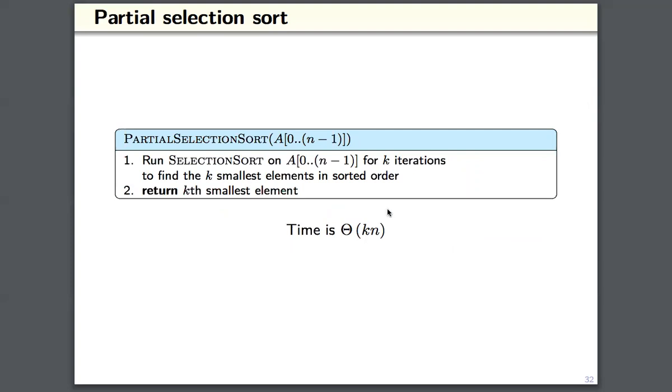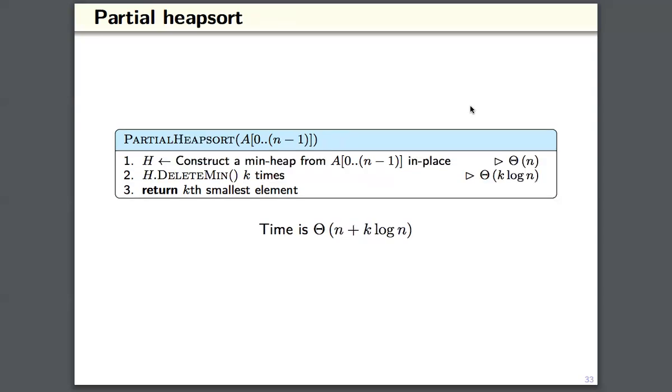What if k is n by 2? Can you tell me what happens? It's an n squared algorithm. If k is large, this will lead to an n squared algorithm.